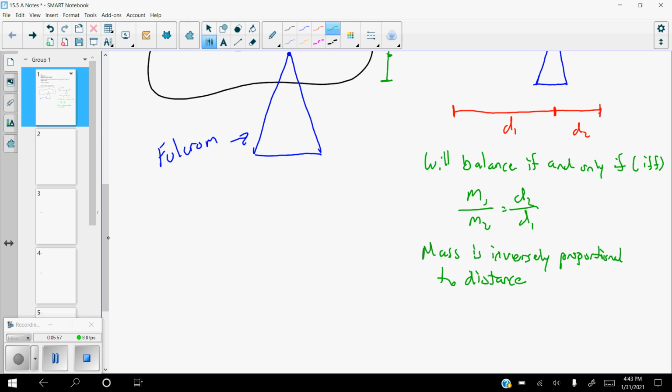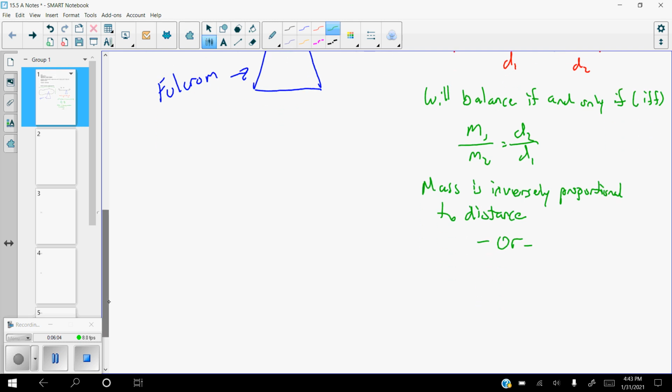Or another way you could think about this, if you were to do a little cross multiplication, you would get that mass 1 times distance 1 is going to equal mass 2 times distance 2.